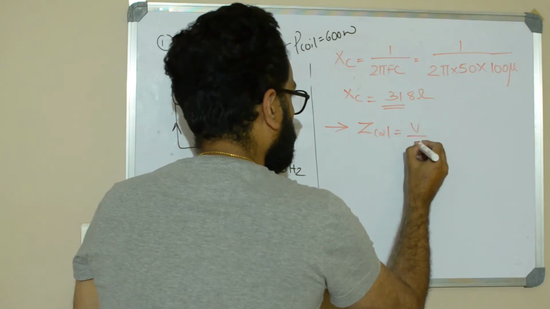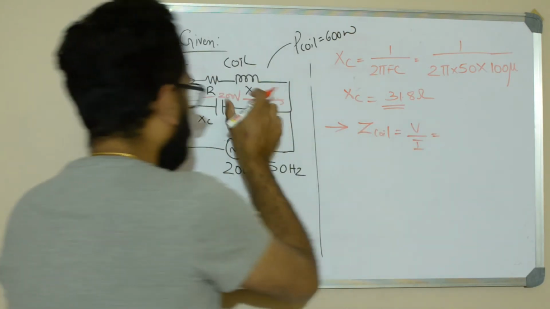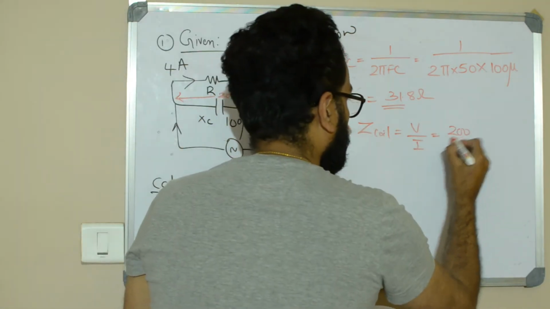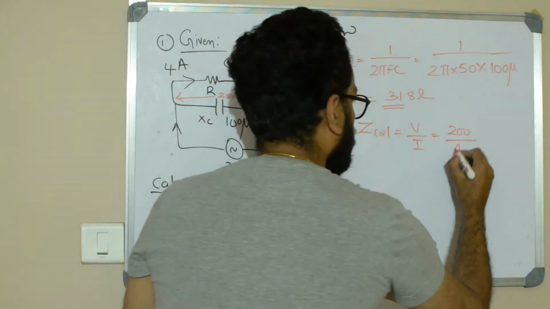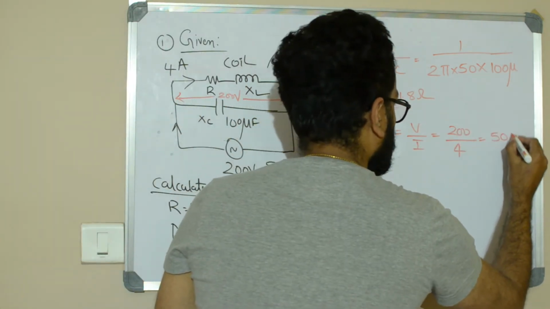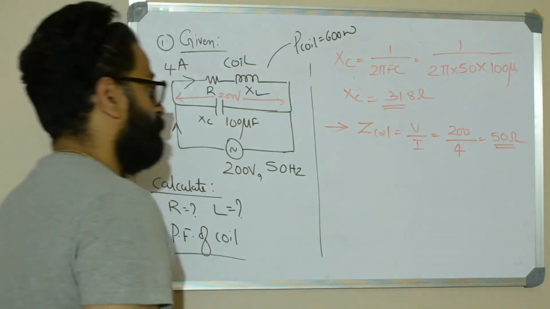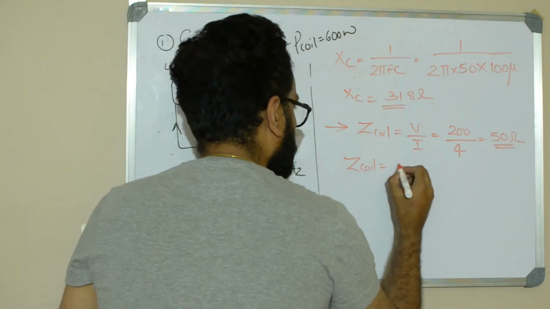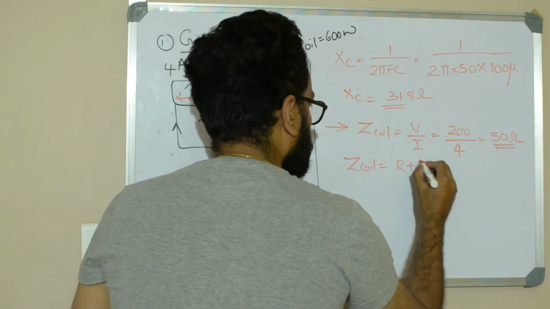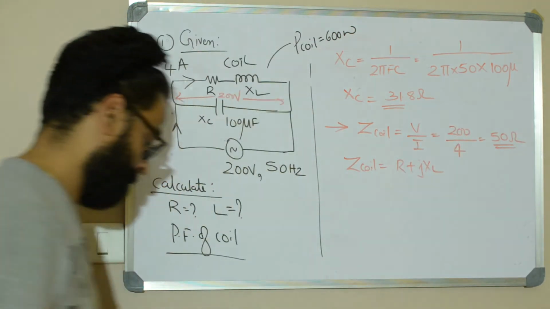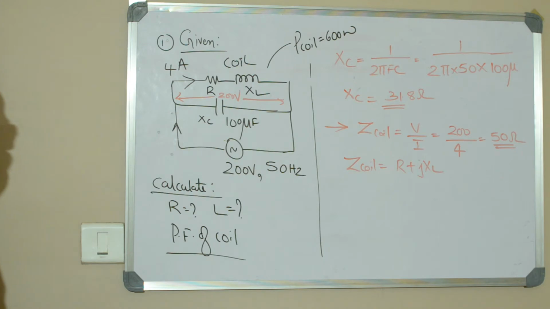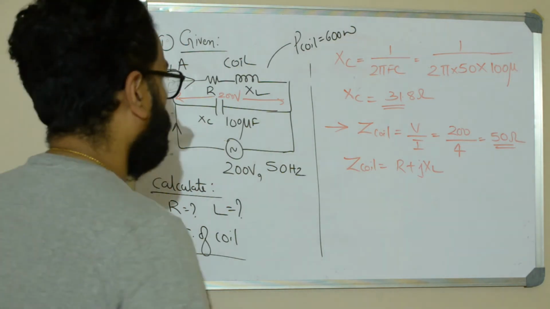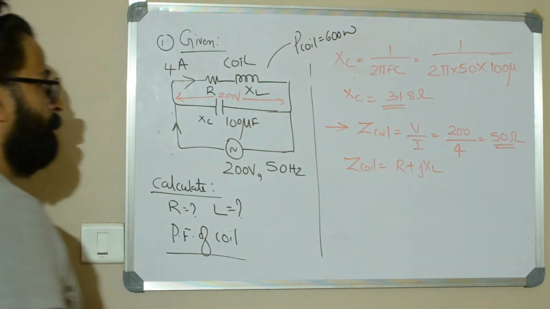That is V divided by I. Voltage is 200 and current is 4 amperes, so that is 50 ohm. So Z coil is 50 ohm, which is nothing but Z coil equal to R plus jXL.